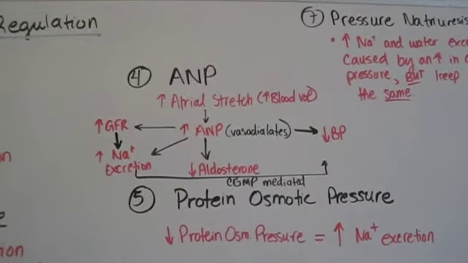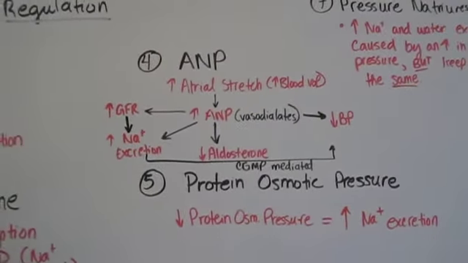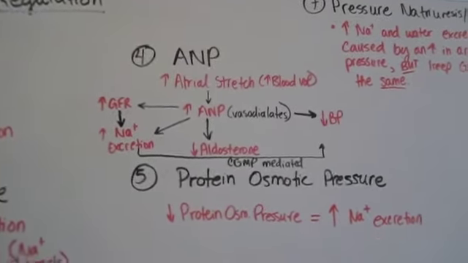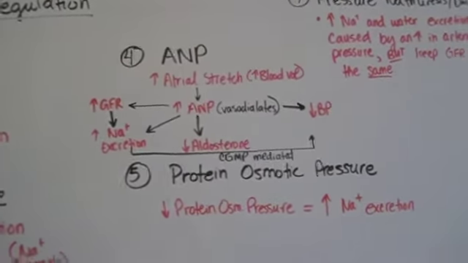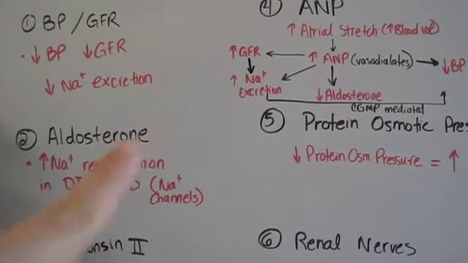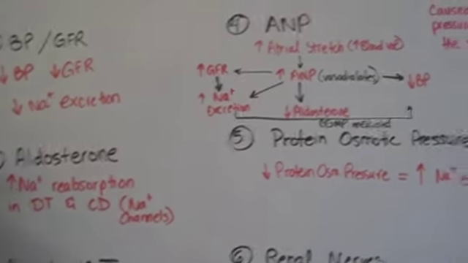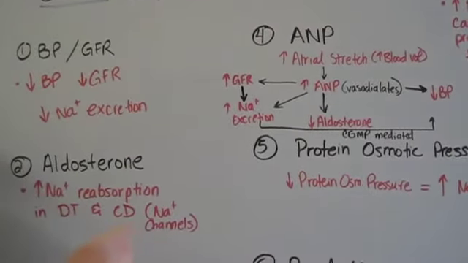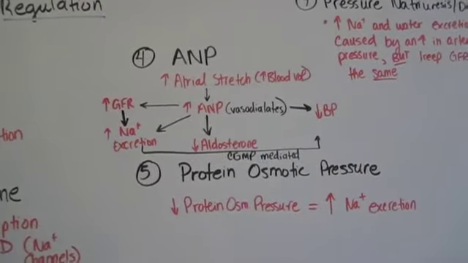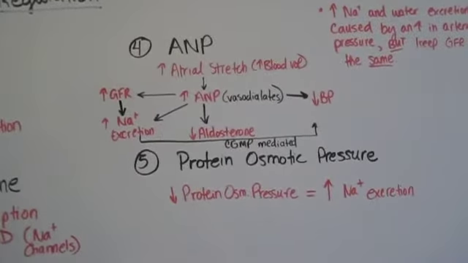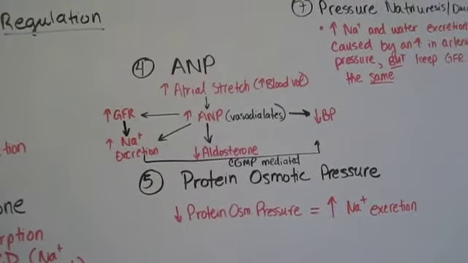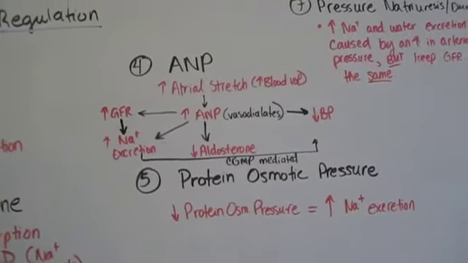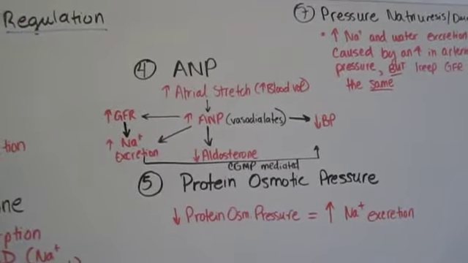Oh, we're trying to remember what we are doing. We're closing those sodium channels we were talking about before, right? In the distal tubule and convoluted tubule, collecting duct. We're closing those sodium channels so that we are excreting more sodium.